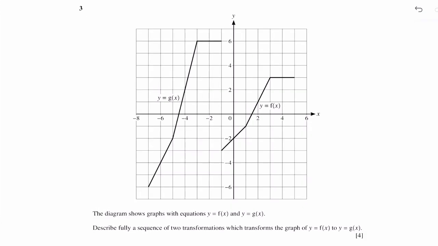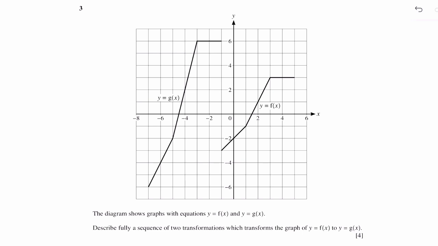Okay, so here we're given two graphs and made to show what has happened to f of x in order for us to get to g of x. Now this question is really quite simple.